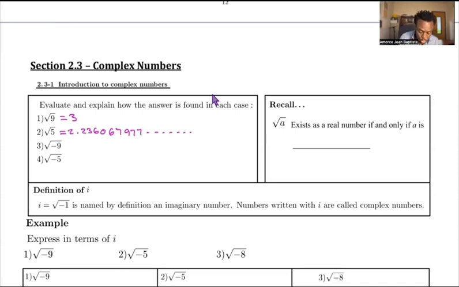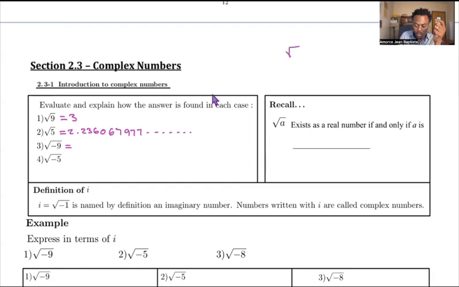Now, what happens when you have the square root of a negative number? Remember when we were looking for the square root of 9, we were looking for another number that when you multiply by itself, like 3 times 3, it's 9.